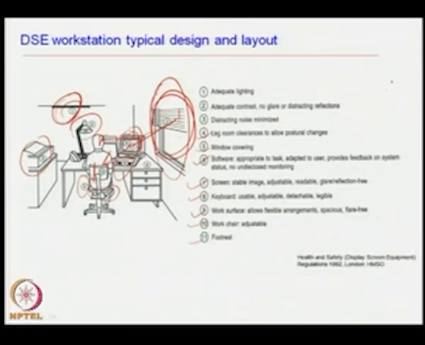Another point is this localized lighting system. If this is the eye of a person and this is a lamp, it gives direct glare. So, the shadow should be such that no light falls directly on the eye, it should fall only on the object of interest. So, the height has to be adjusted.